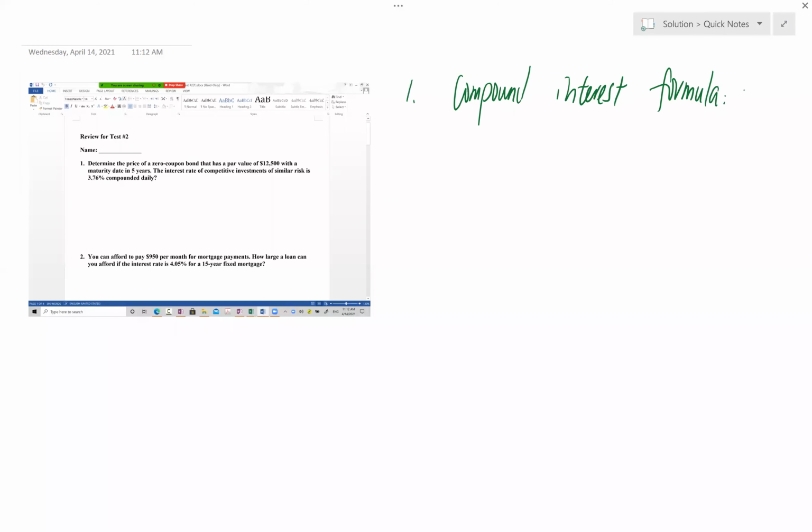And for the compound interest formula, we need several things, right? So this par value is what we call the future value. It's 12,500. And then time t is given, 5 years. And then also we have an interest rate for the competitive investment, 3.76%.